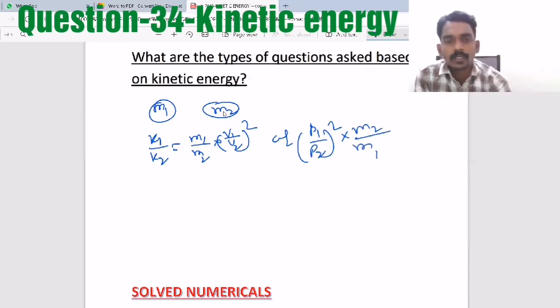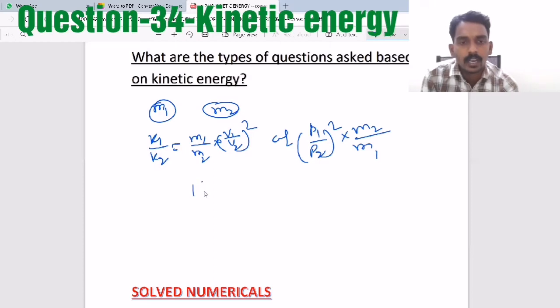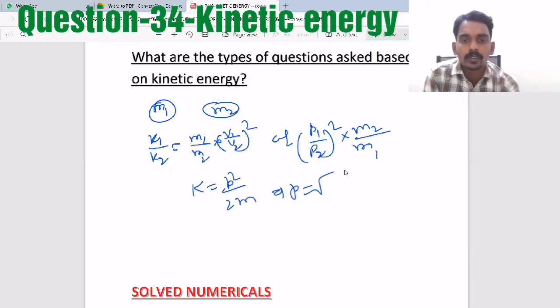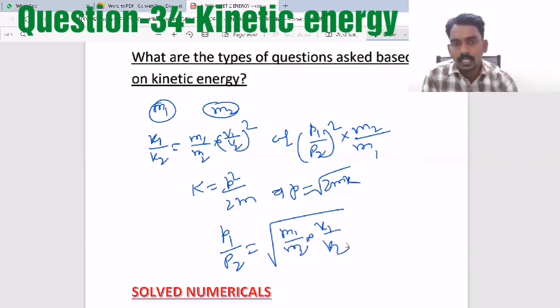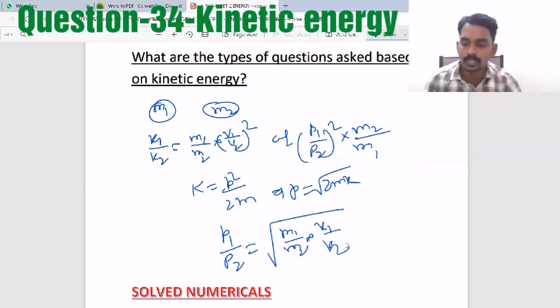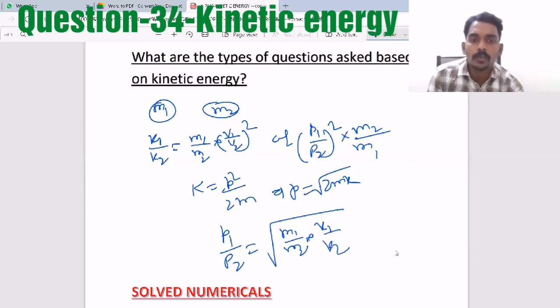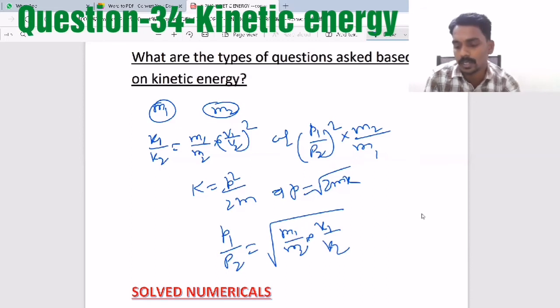So in comparison, they'll ask the question. As K equals p square by 2m implies p equals root 2mK, so p1 by p2 equals root of m1 by m2 into k1 by k2. Like that, comparison based questions they will ask, or else percentage change based questions.